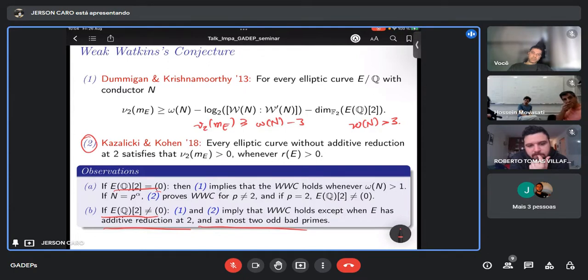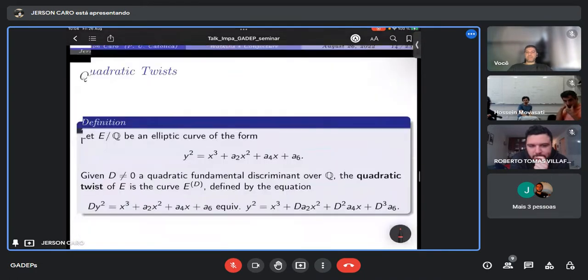So those are the missing cases for WWC. WWC is almost proven, and the missing cases are very small.